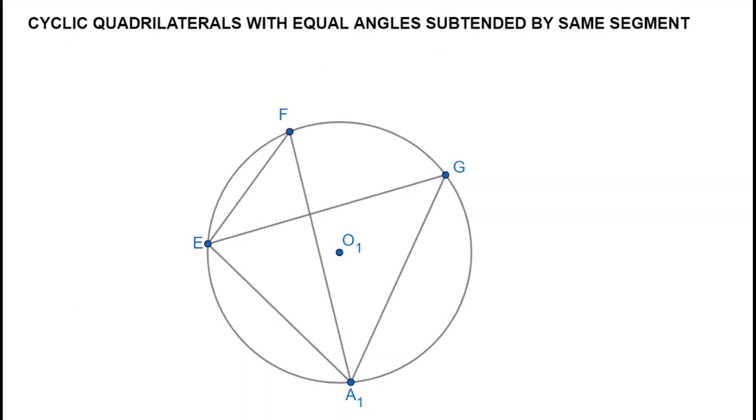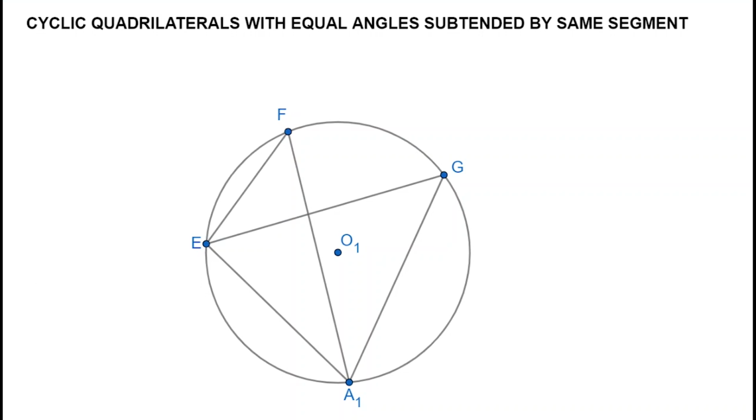Number 2, let us look at the angles which are subtended by the same segment, that they are also equal. The segment that we are talking about is EA1. EA1 subtends angle F. Let us look at this theorem again. This theorem talks about equal angles that are subtended by the same segment.